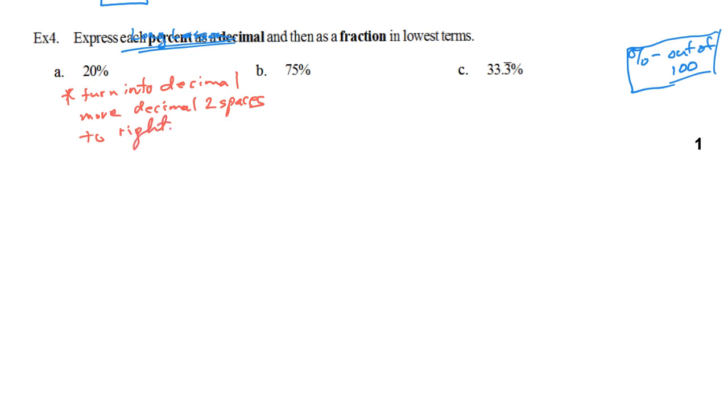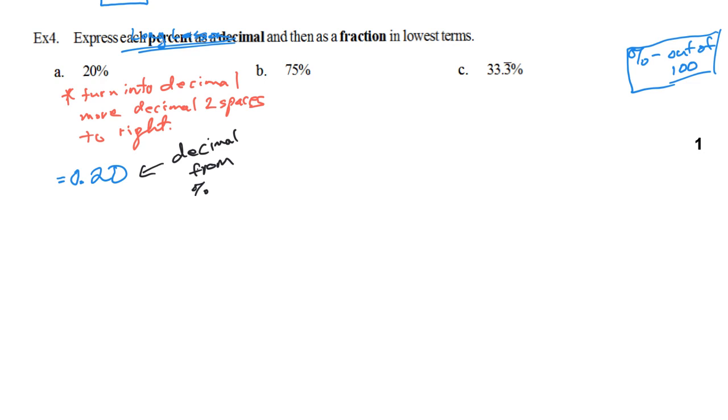And then it ends up being a decimal of 0.20. So you'd write 20, and then you would move your decimal to the right 2 spots. So now 0.20 is our decimal. This represents the decimal from the percent.